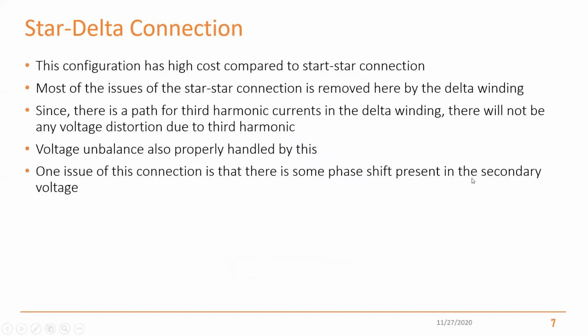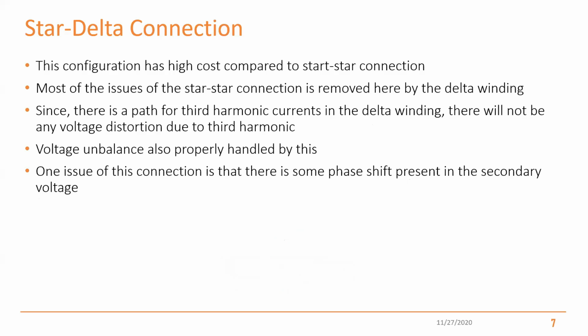So now let's look at the star delta connection. This is not as cheap as the star connection, because in a delta connection the voltage appearing across a single coil is root 3 times higher than in the star connection.